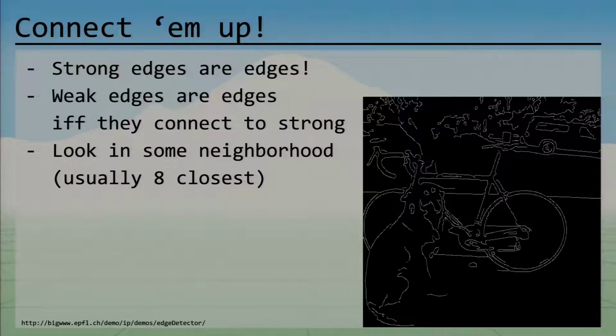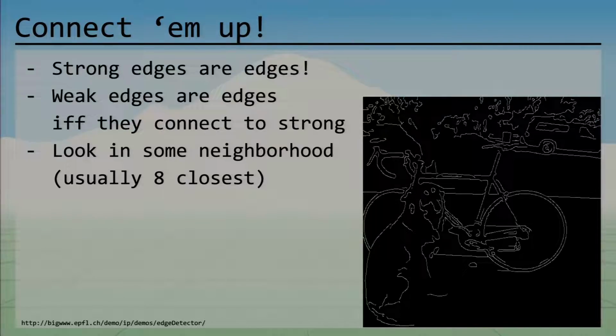So why do we have these 2 different thresholds? Because we want to start connecting some of these edges together. If we just look at the strong edges, as we talked about before, there are going to be some noisy parts of the image where we might think there is an edge where there isn't one. But there's also going to be some noise in the image that makes edges look a little less like edges in some places, and we want to get around that.